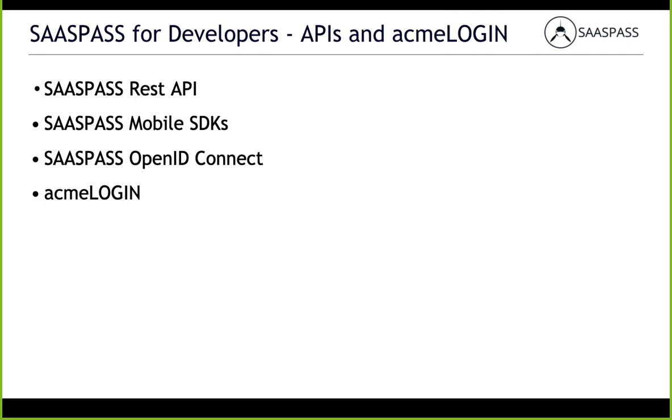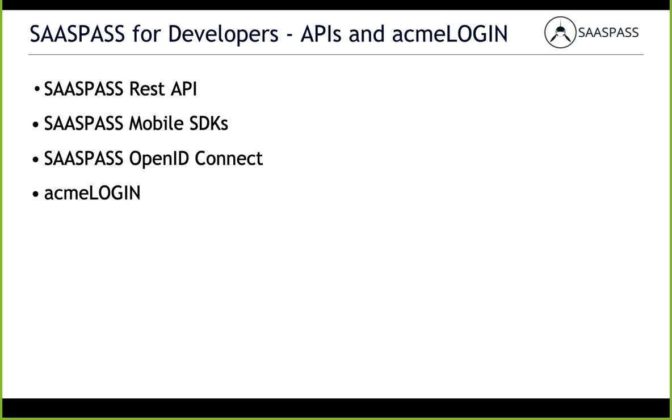To integrate with SAASPASS, you can use the SAASPASS complete RESTful API or SAASPASS OpenID Connect. If you are developing a mobile application, you can use the SAASPASS mobile SDKs for both iOS and Android.